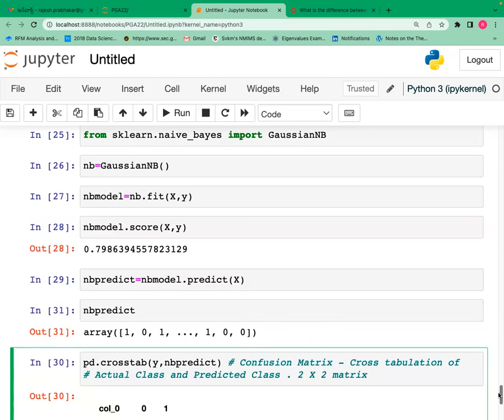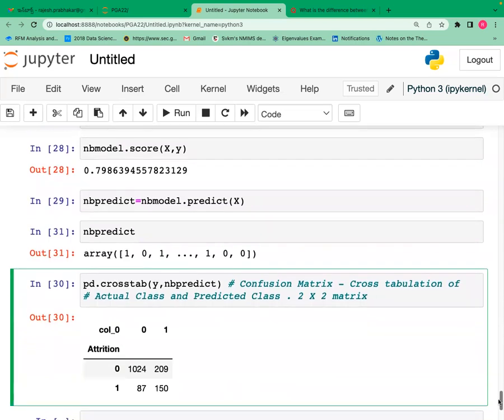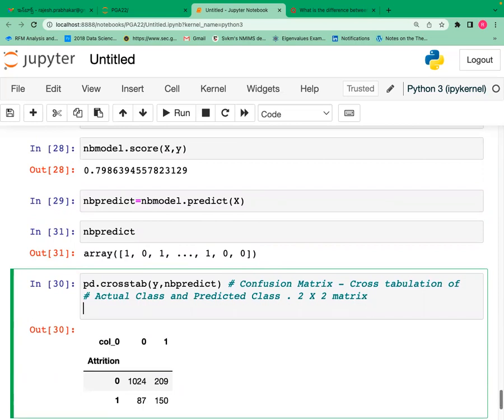So if you remember the confusion matrix, 0 and 1, attrition 0 is positive or negative? Attrition 0 means no, that means the employee is still with the company.